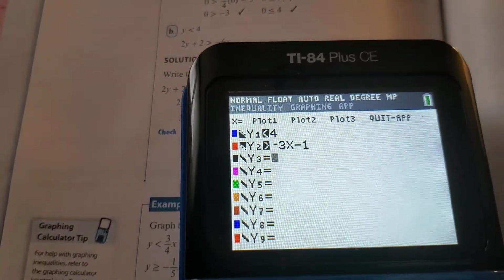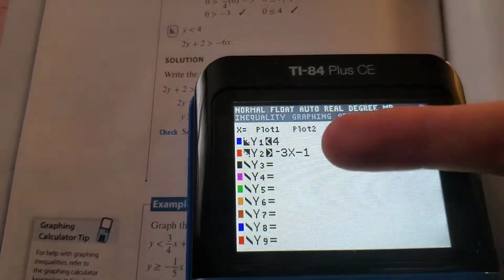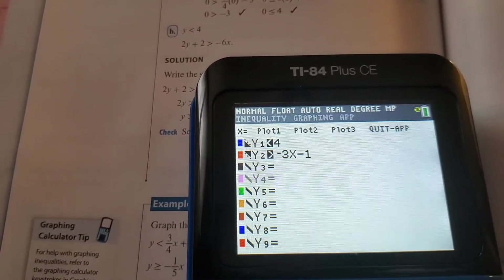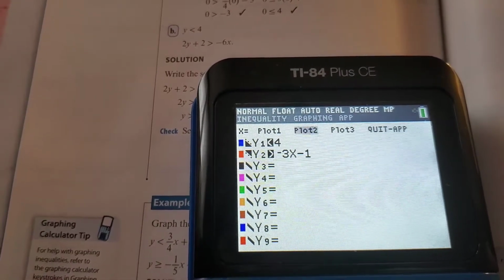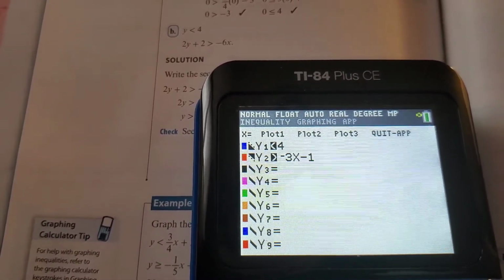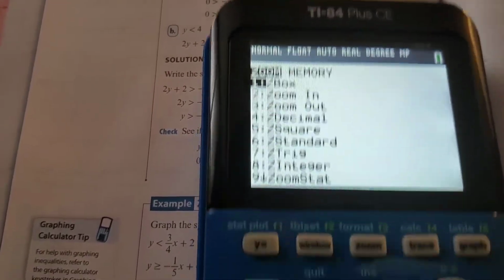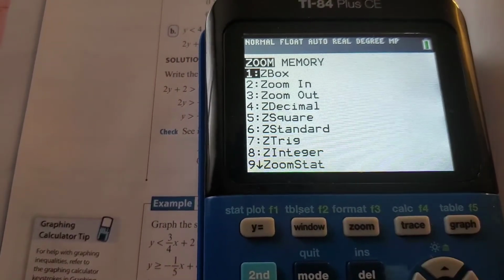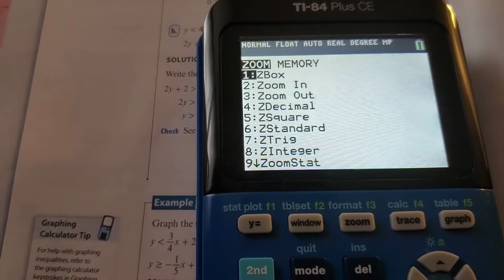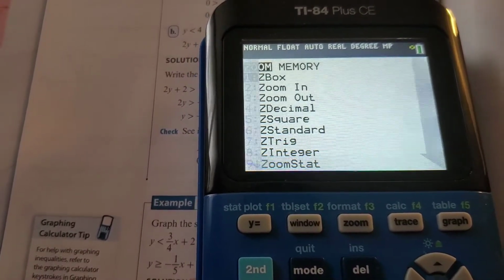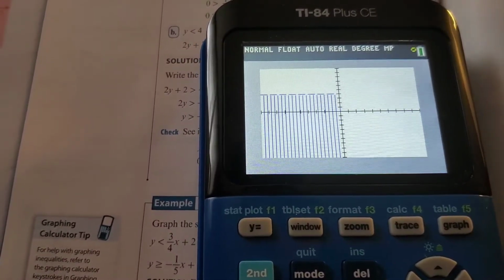You press enter. Boom. Look at that. I have these two already. Please make sure that there's nothing in the plots here, that they're not highlighted. Then you're going to go to zoom, press zoom, literally press zoom, and then zoom 6, which is the standard. So that's my first inequality.